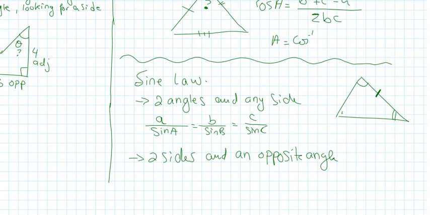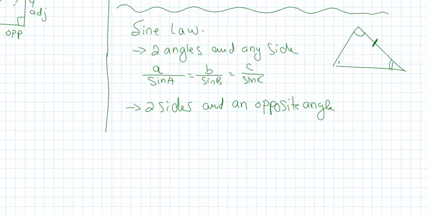So if I give you two sides, this one and this one, I must also give you one of the opposite angles. So let's say I give you this angle. Then you'll be looking for this angle. And in this case, you use sine A over A equal to.